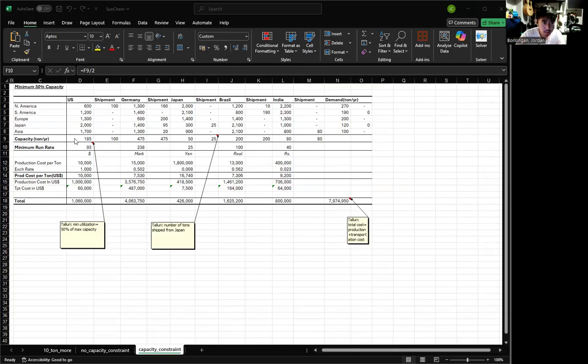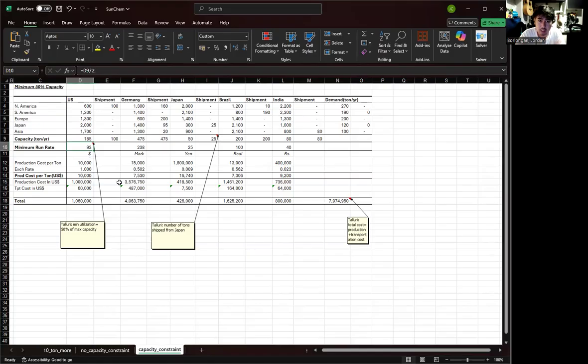It means that from the available capacity mentioned, they must be able to produce and hand out at least half of this number. For instance, the US has 185, so it must have an output of at least half, which is 93.